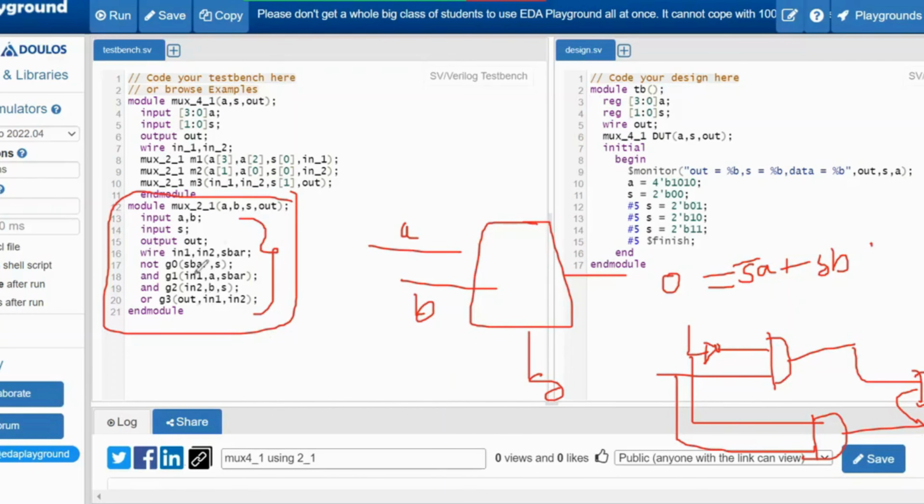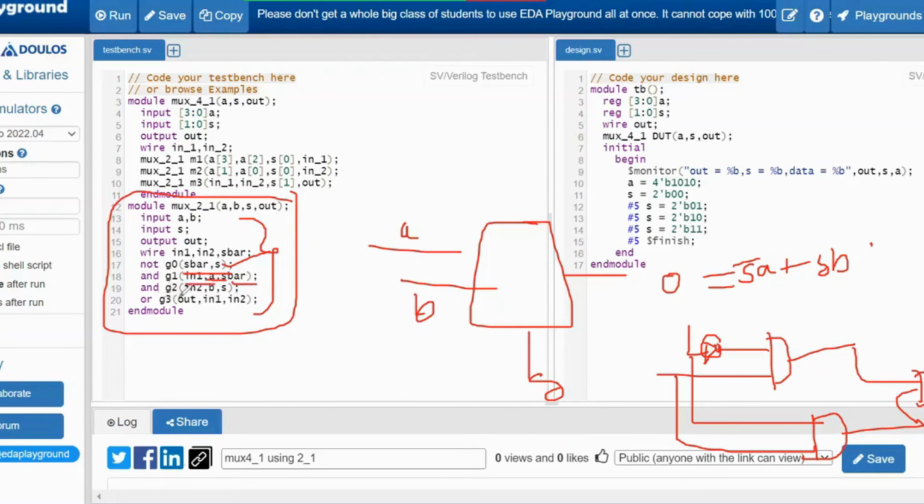Okay. So here the NOT gate: the output of the NOT gate is S bar and the input of the NOT gate is S. So the same thing we have written for the NOT gate. And for the first AND gate, the inputs are A and S bar, and in 1 is the output.